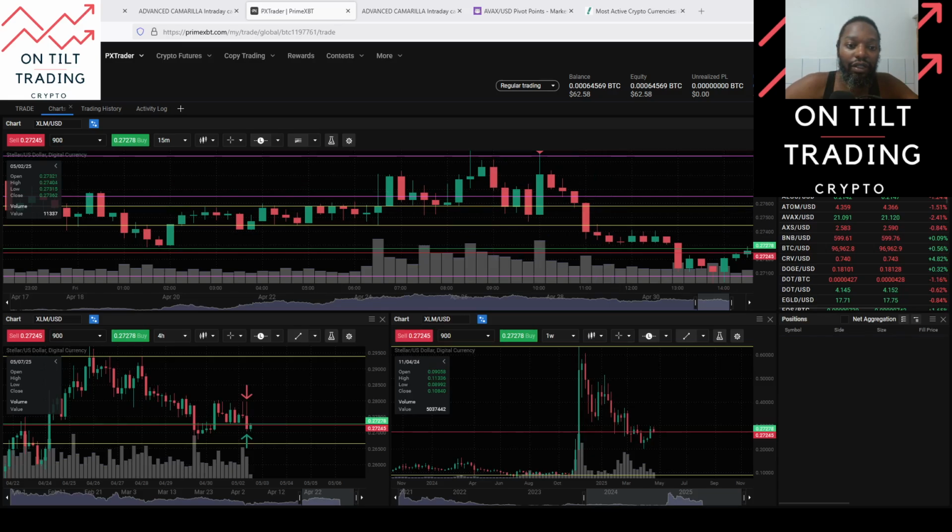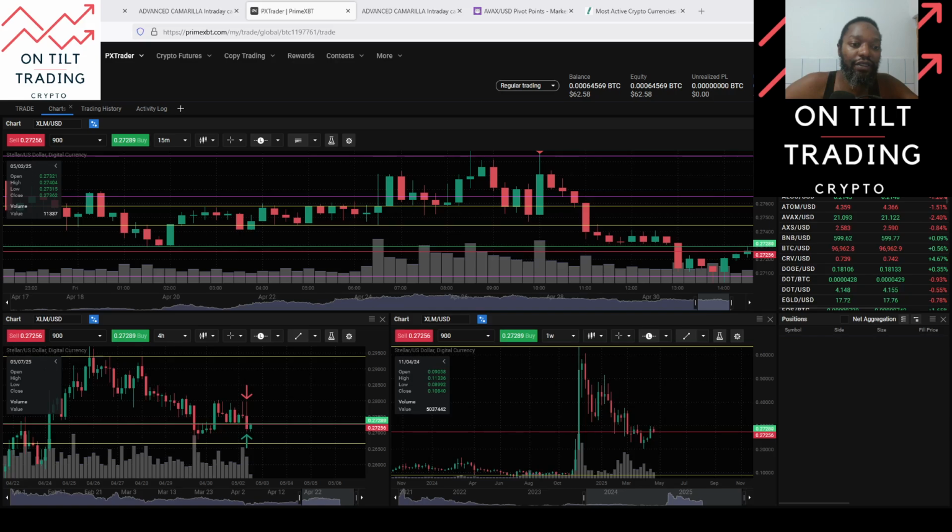Also here, with this candle, we get a break of structure from this opening structure that's here. So there's a break of structure. What I'm seeing here is the R3 to R4 Camarilla pivot range, which is an area of premium for price.